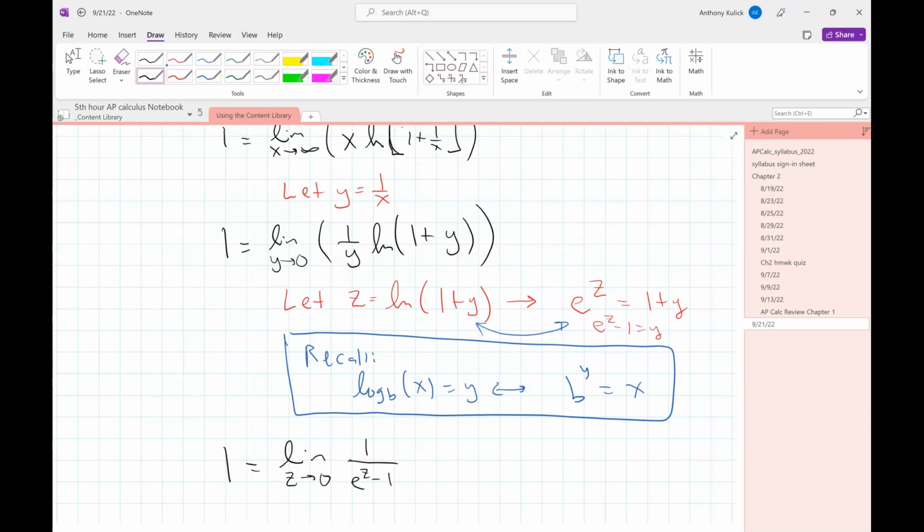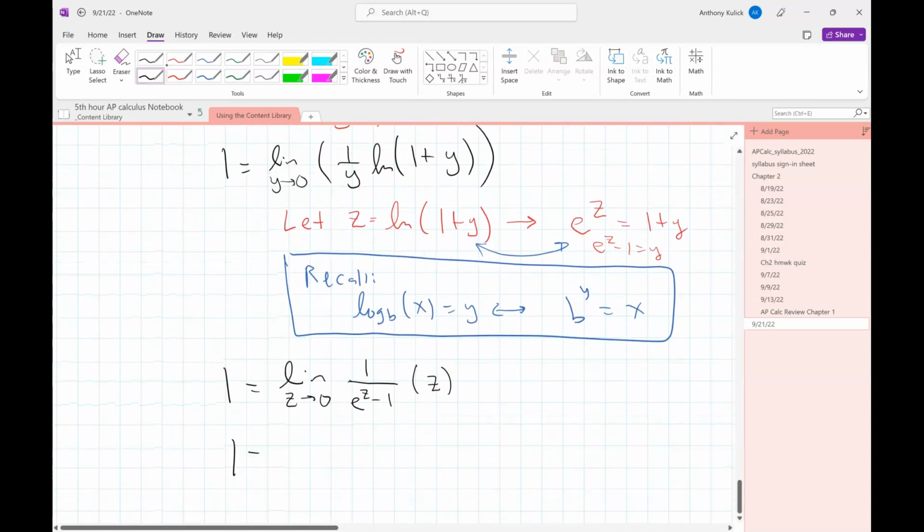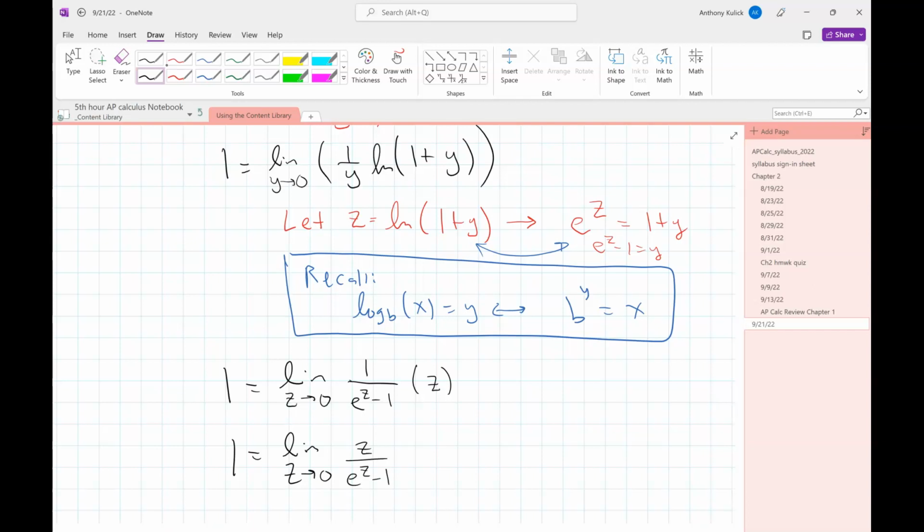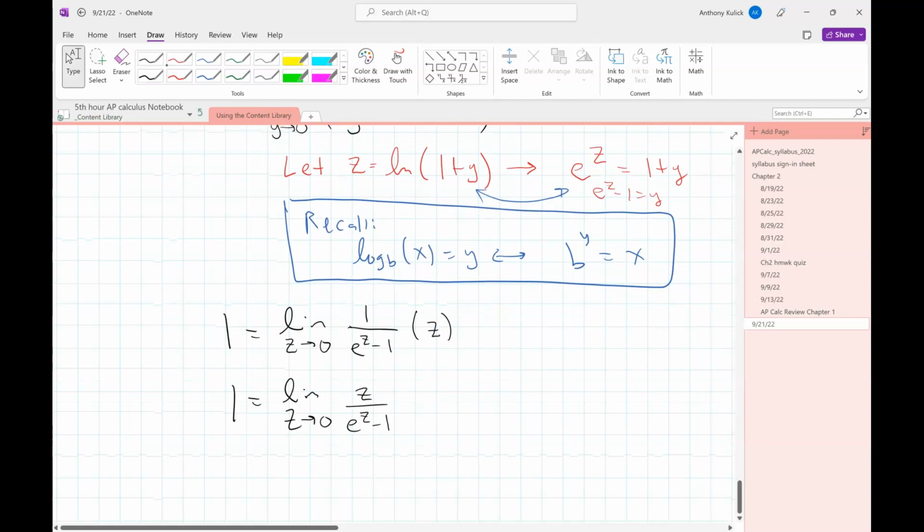And when I replace the natural log of 1 plus y, I have a z. Everybody's good with that? Now, I'm going to take the reciprocal of both sides. So when I take the reciprocal of 1, what do I get?